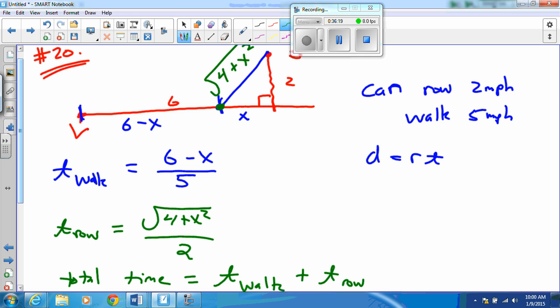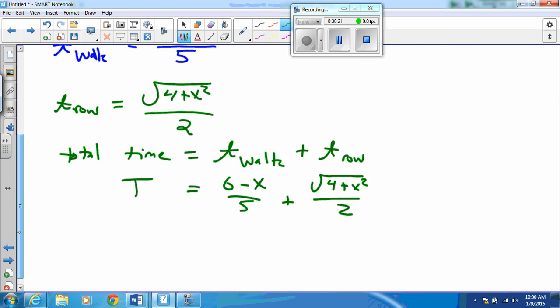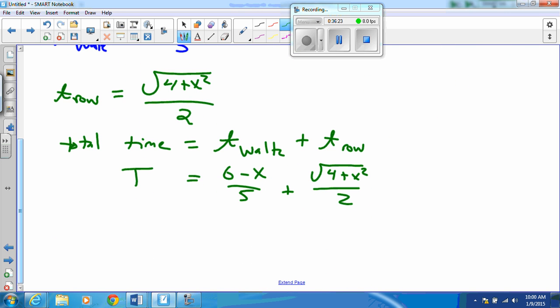We're trying to find the location that will minimize her total time. So we're looking for an absolute min, and that immediately means that we're going to be looking for critical points. So we take a derivative here.